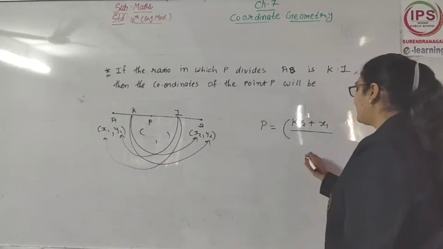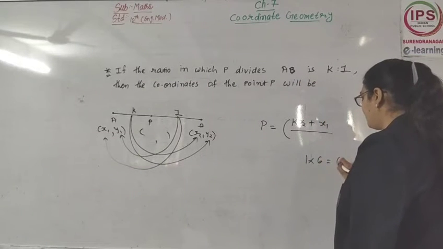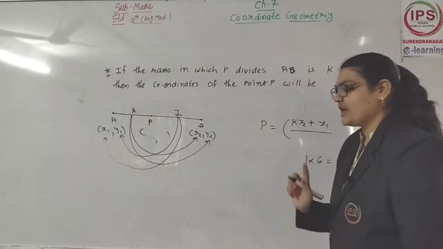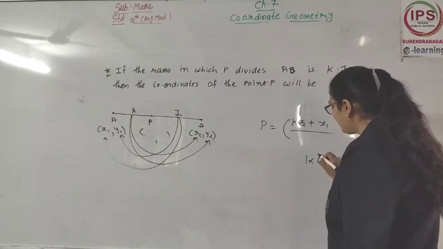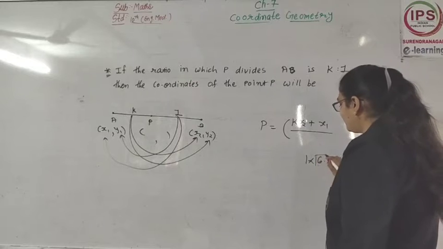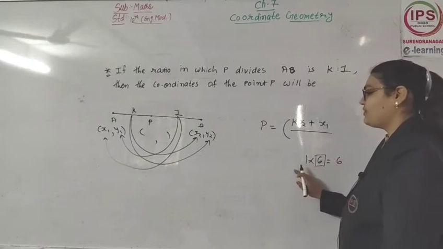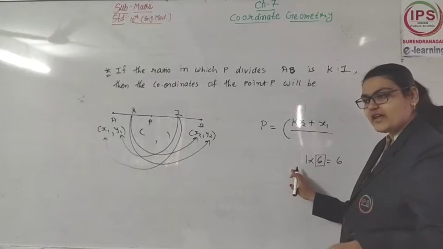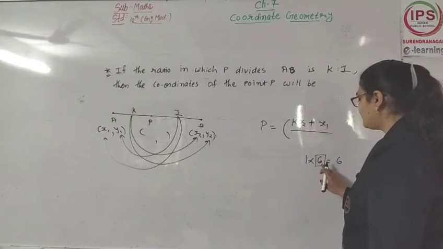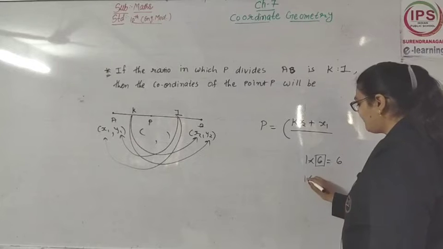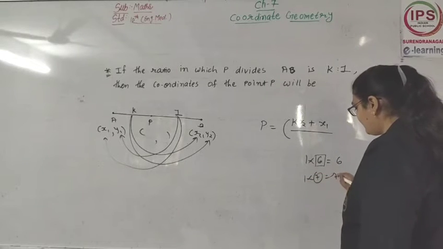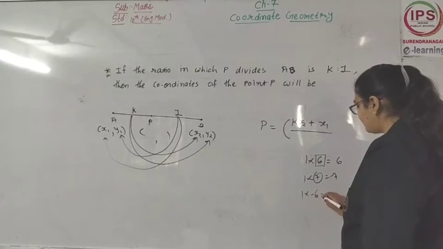It means 1 multiplied by 6 is equal to 6. So 6 into 1 is 6, 1 into 7 is 7, 1 into minus 6 is minus 6.